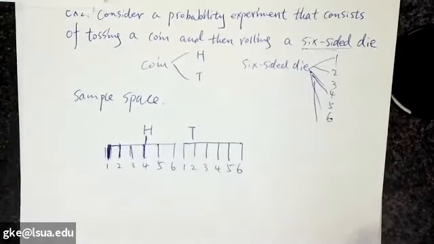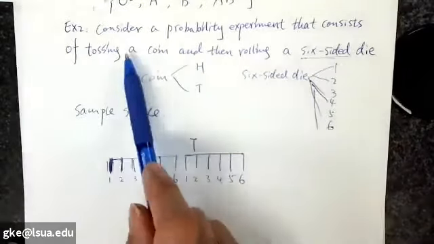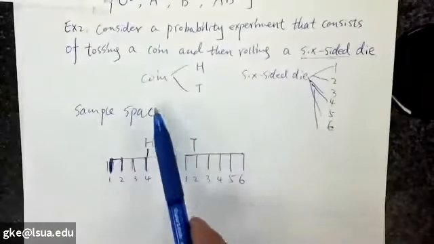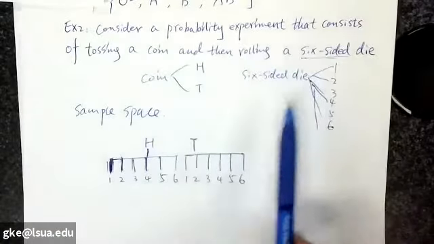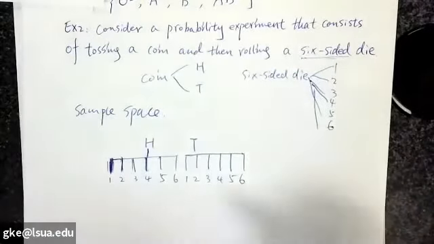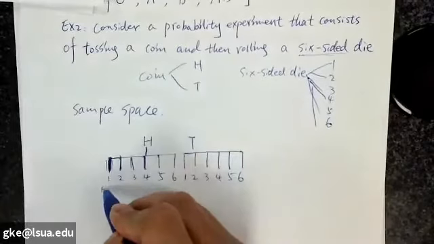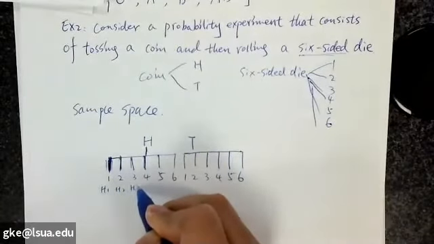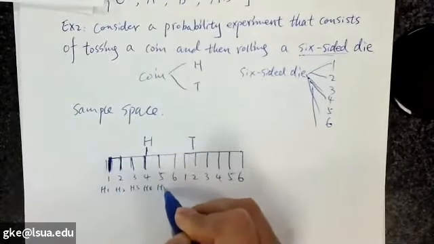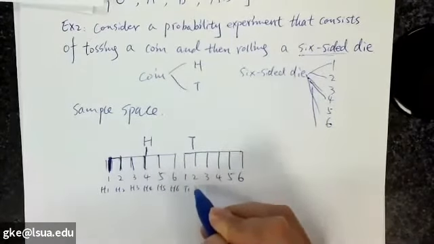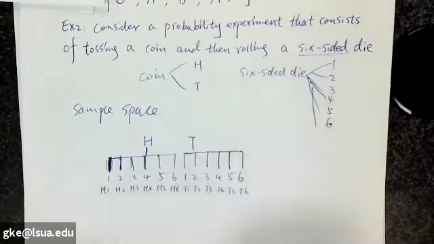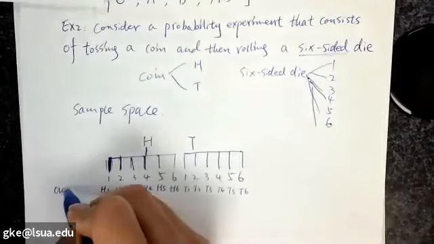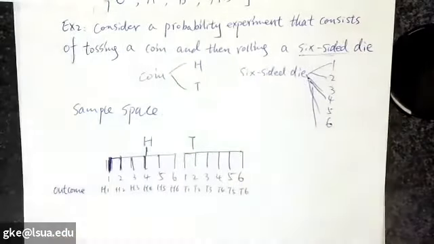Including these 2 experiments, tossing a coin and rolling a 6-sided die, we then do the combination. So H1, H2, H3, H4, H5, H6, T1, T2, T3, T4, T5, T6. And those are the outcomes.